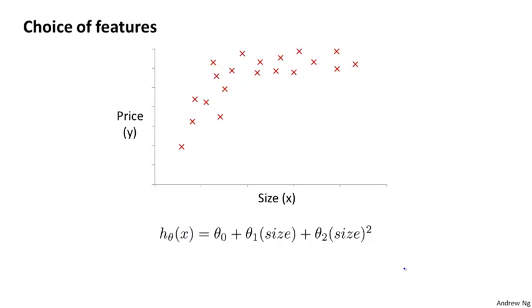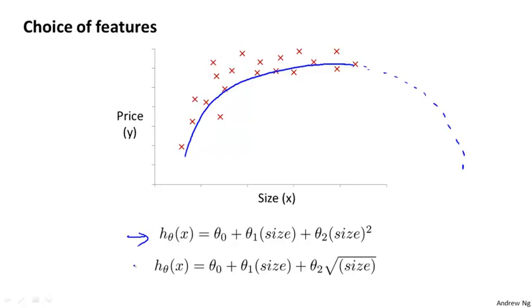Finally, here's one last example of how you really have broad choices in the features you use. Earlier we talked about how a quadratic model like this might not be ideal because maybe a quadratic model fits the data okay, but the quadratic function goes back down, and we really don't want to predict that housing prices go down as the size of the house increases. But rather than going to a cubic model, you have other choices of features, and there are many possible choices. But just to give you another example of a reasonable choice, another reasonable choice might be to say that the price of a house is theta 0 plus theta 1 times the size, plus theta 2 times the square root of the size, right?